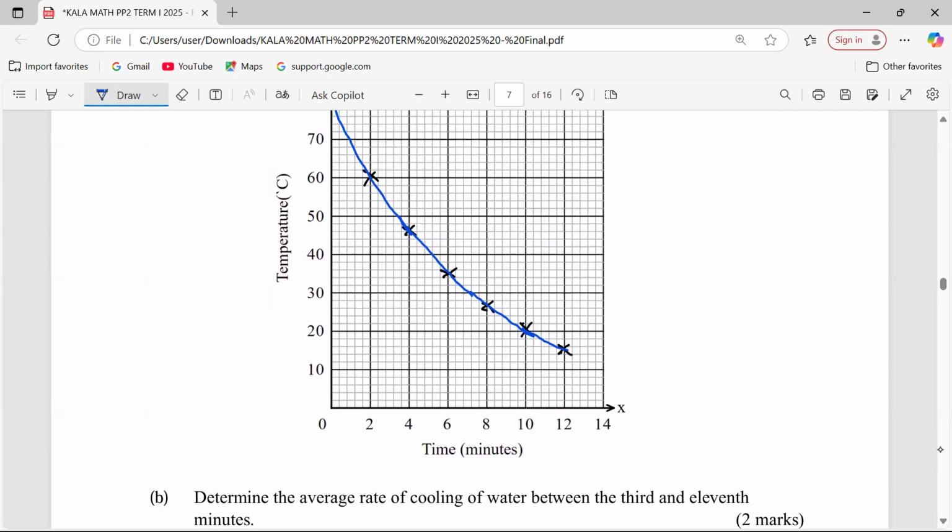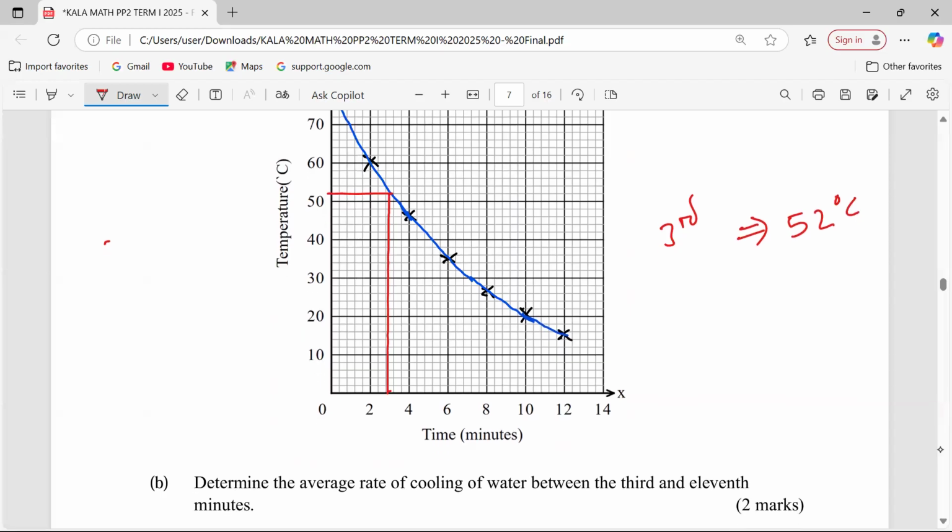In the 3rd minute, let's check. So 3 is here. What is the value of the temperature in the 3rd minute? And I'm seeing exactly 52. So in the 3rd, I'm seeing 52 degrees Celsius.